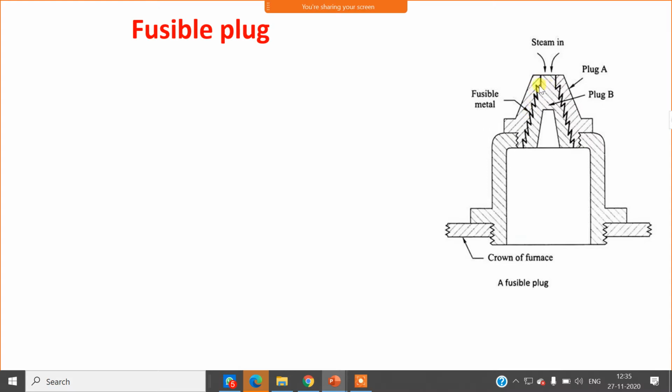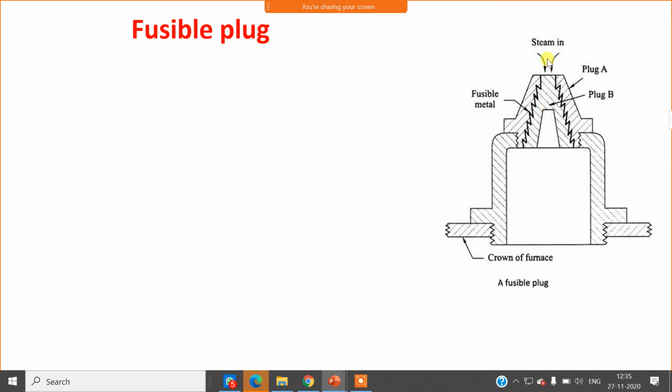When the temperature inside the boiler increases to a very high level, the boiler tube can burn and the boiler can burst. Now to prevent the bursting and burning of the tube, the fusible plug is provided.